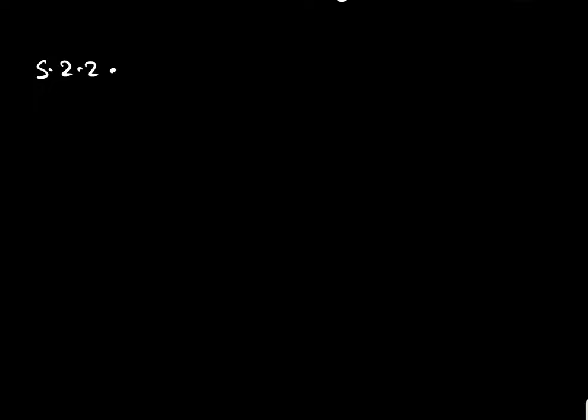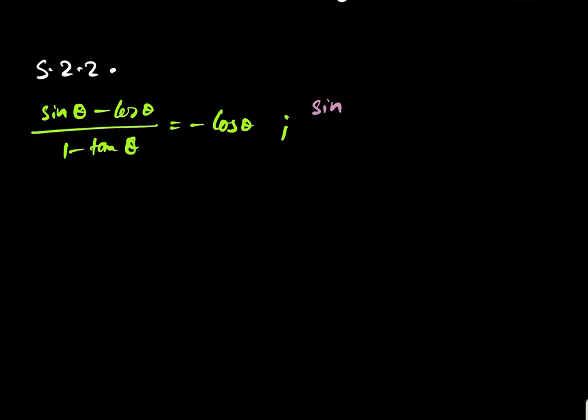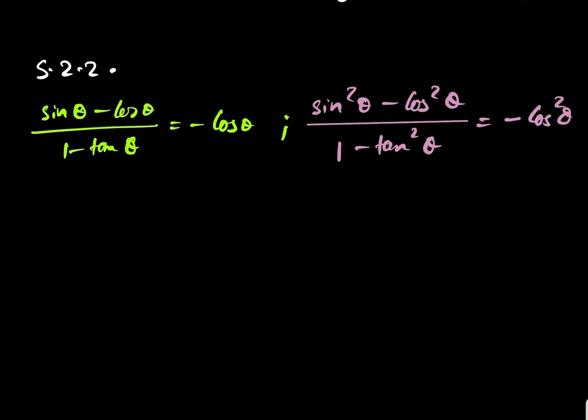So we have the first one, that is sine of theta minus a cos of theta divided by 1 minus a tangent of theta. That is equal to negative cos of theta. And then the second one is that we're going to have the same thing: sine square of theta minus a cos square of theta divided by 1 minus the tangent squared of theta. That is equal to negative cos square of theta.